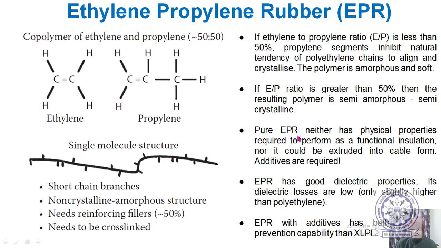Pure EPR neither has the physical properties required to perform as a functional insulation, nor could it be extruded into cable form. So additives and fillers are required. EPR has good dielectric properties, so its dielectric losses are low, only slightly higher than polyethylene. But EPR with additives has better moisture prevention capability than cross-linked polyethylene.